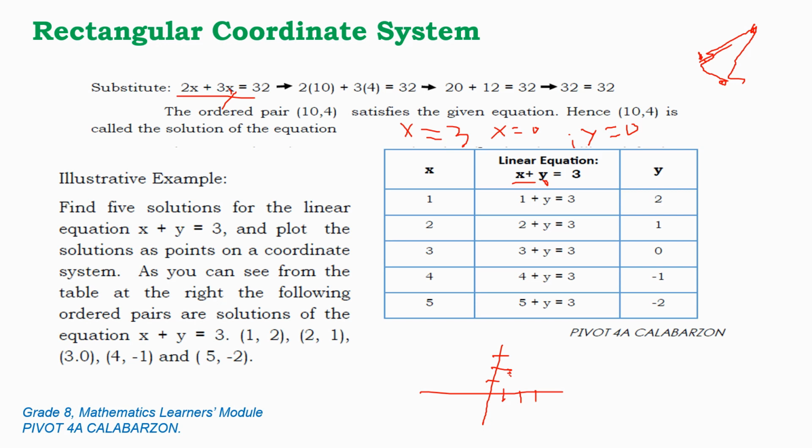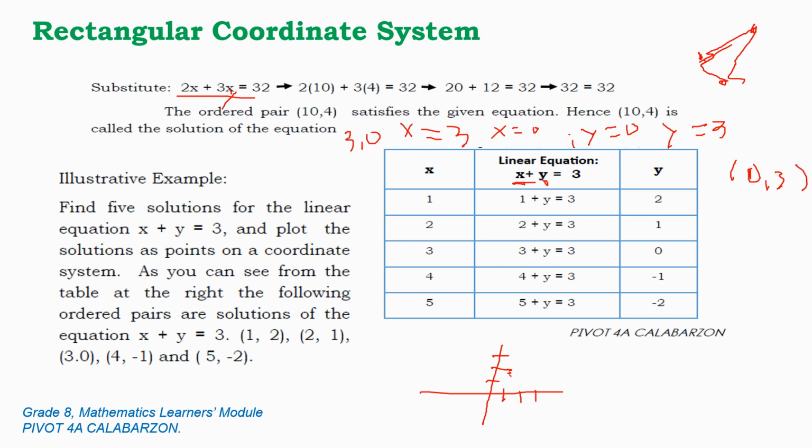Then, if your x will be set to 0, I'm sorry, so, wala na, y equals 3. That's why, your first point is 3 and 0, and then, other point is 0 and 3. Okay, nakita niya?